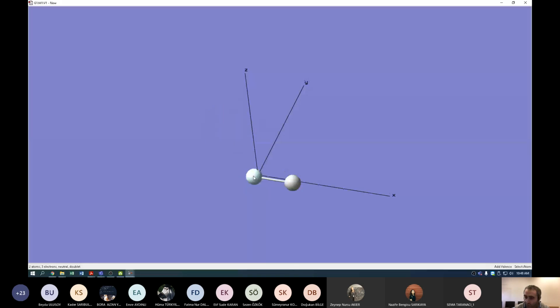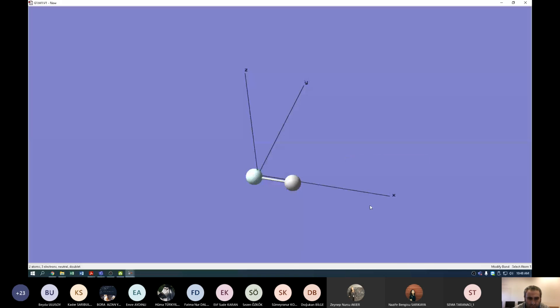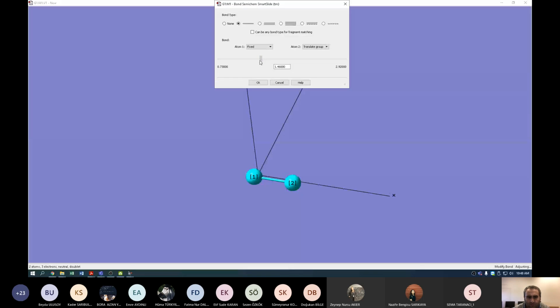So if I have a two atoms molecule, I can have 3 translations, okay? But I can also have this one like that. This is called vibration. Okay.